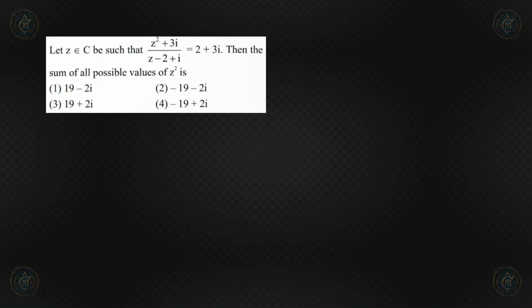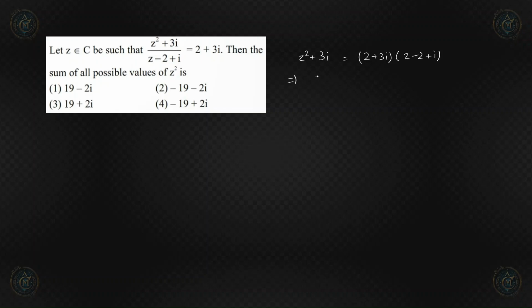Okay, so this is the next problem here. Let z belong to the set of complex numbers such that (z square plus 3 iota) divided by (z minus 2 plus iota) equal to 2 plus 3 iota. So we write this equation first here: z square plus 3 iota equal to (2 plus 3 iota) times (z minus 2 plus iota).